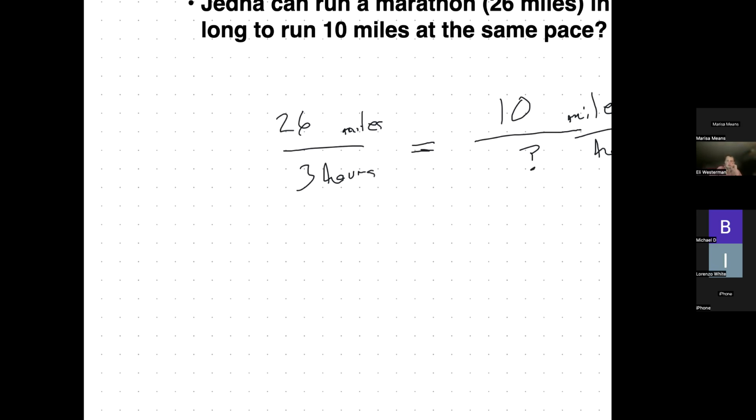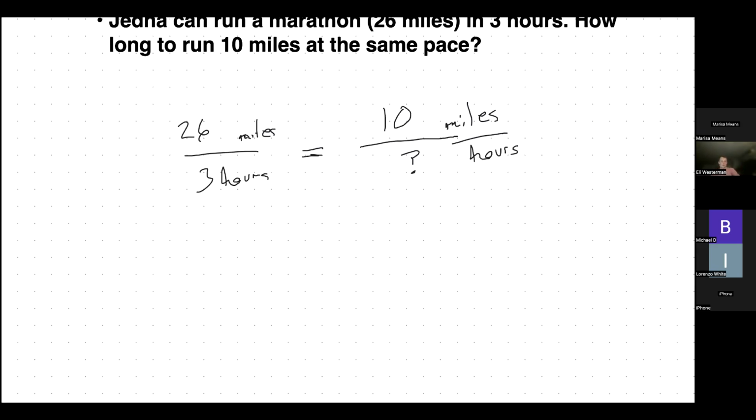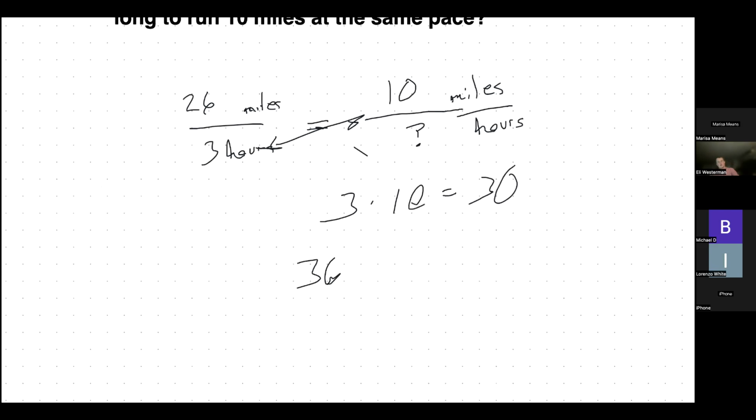All right, let's work it together. First we do 3 times 10. 3 times 10, that's not the hardest thing you've done today, is 30. Then we've got to do 30 divided by 26. This is harder, of course.